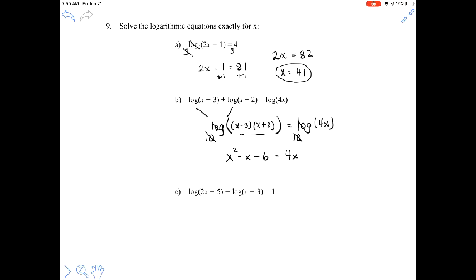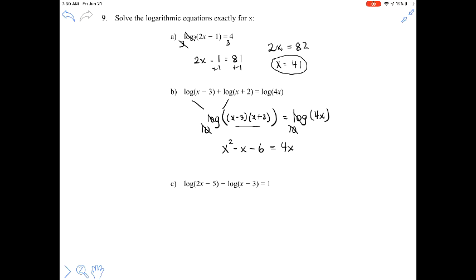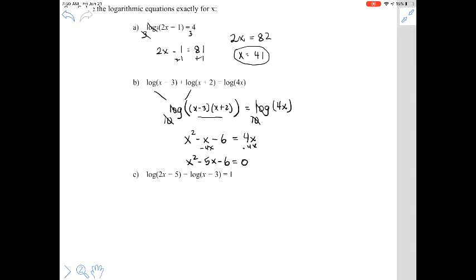Remember, quadratic equations are most often solved by getting one side equal to 0. So I'm going to subtract, and then that's going to factor. We get x equals 6 and x equals -1.